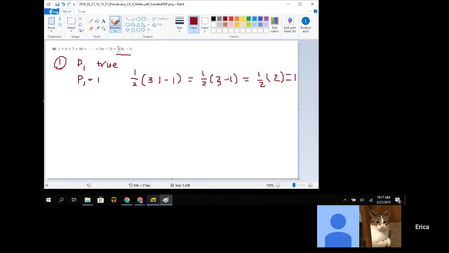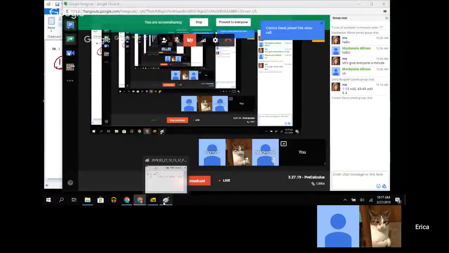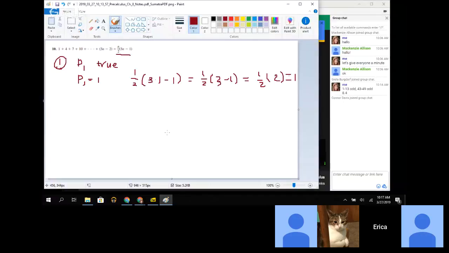The second part of mathematical induction, hold on, I can't see the chat. There we go. Hey, Connor. The second part of mathematical induction is that we need to prove that the truth of P sub k implies the truth of P sub k plus 1 for every positive integer k. So what we're going to do is take our terms and see if it's true or not.